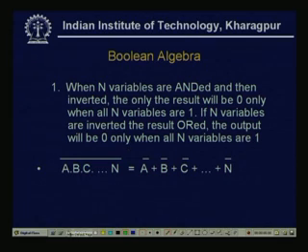Now, if we take the thing, what it is written: A, then B, it is ANDed, C up to say n such variables, and then the whole thing is inverted.